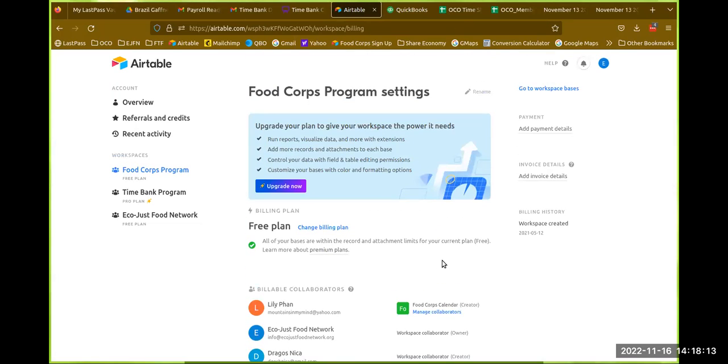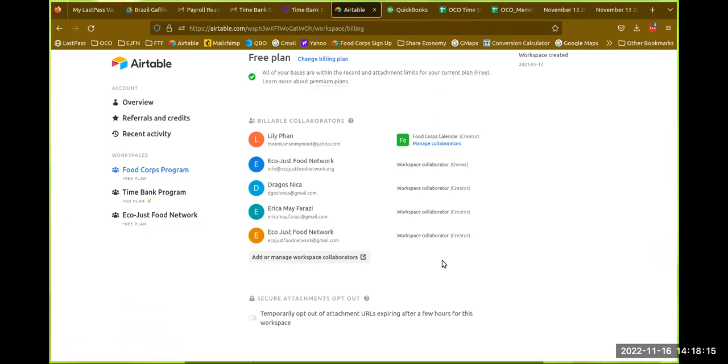These are all the people who are going to get kicked off if you move to the pro plan. Perfectly fine, they're all people that are here, so our pro plan allows for 5 users.